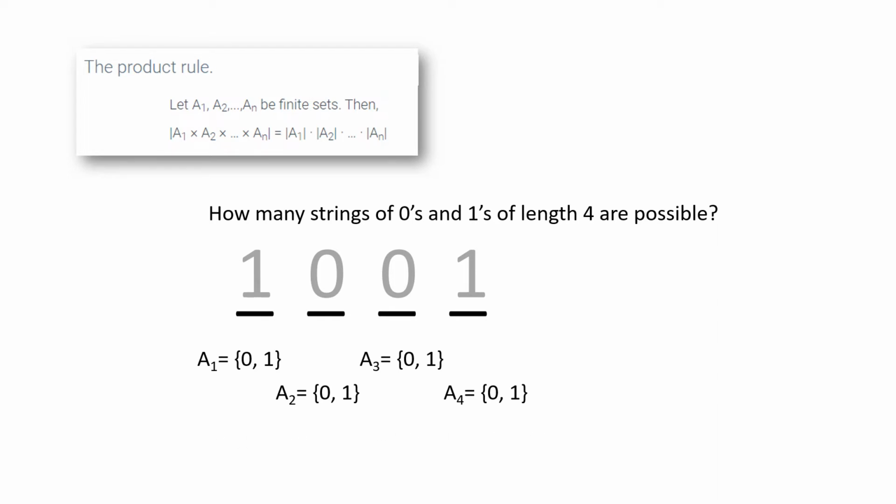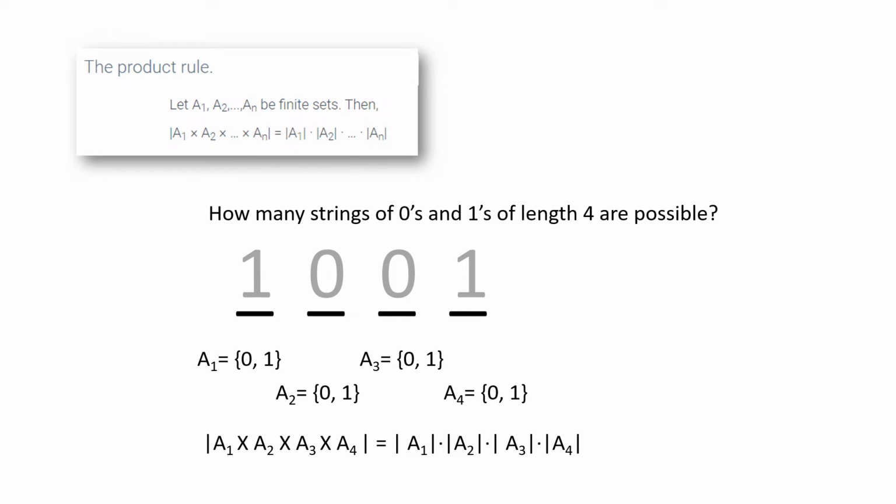Now, looking at the number of strings, that could just be looked at as the cross product of all of these sets. So let's take the cross product of A sub 1, A sub 2, A sub 3, and A sub 4. Well, we don't really care right here what all of the elements are, because the question was how many are there.